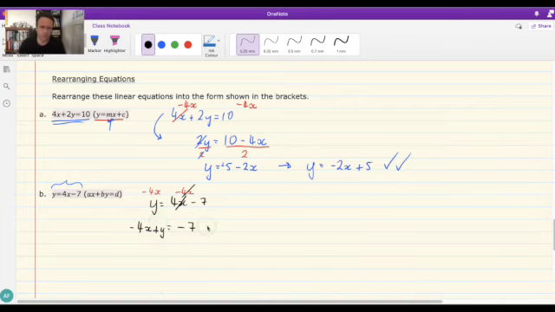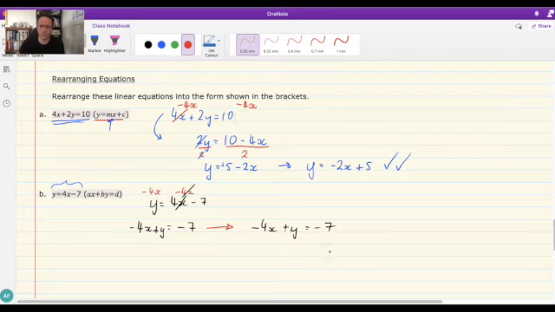Okay, so if we want to get rid of the negative, if you're asked to leave d as a positive integer, then we can do this. So minus 4x plus y equals negative 7.